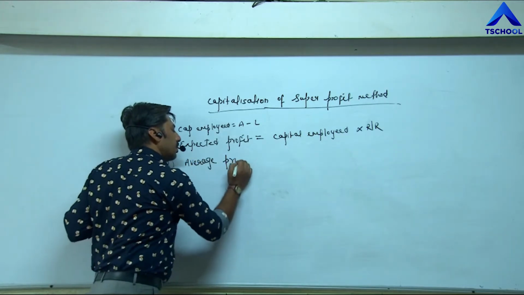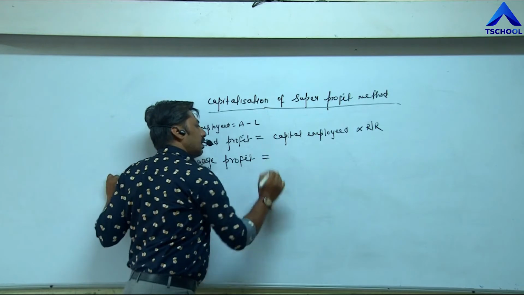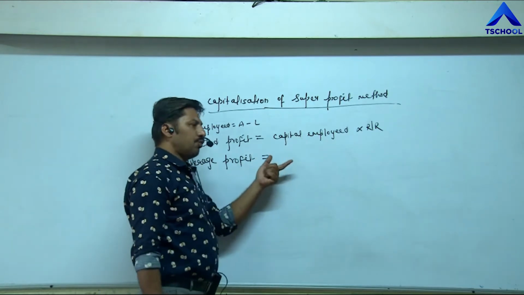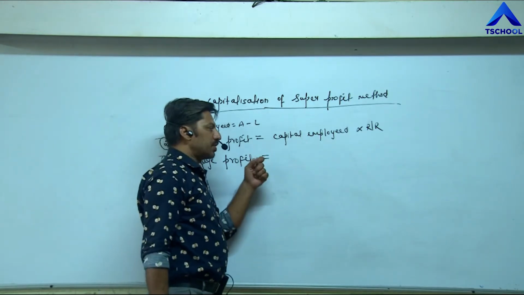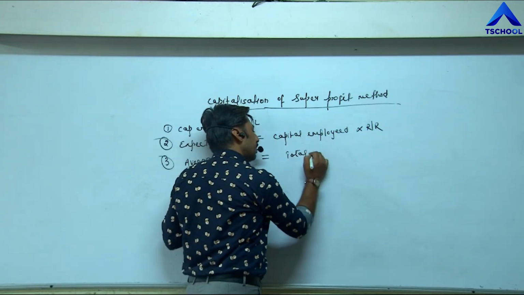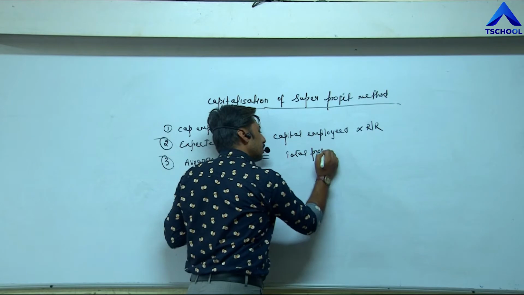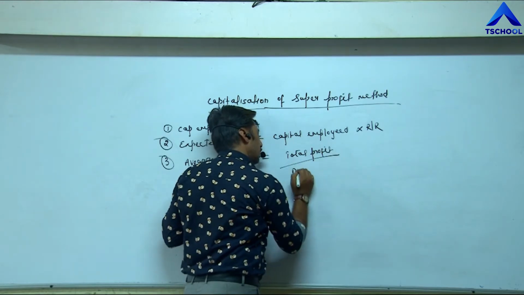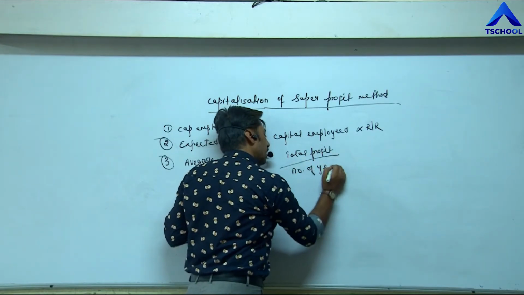Then third step is we need to calculate average profit. Average profit has two formulas. It depends on the situation given in the question. First formula is total profit upon number of years.